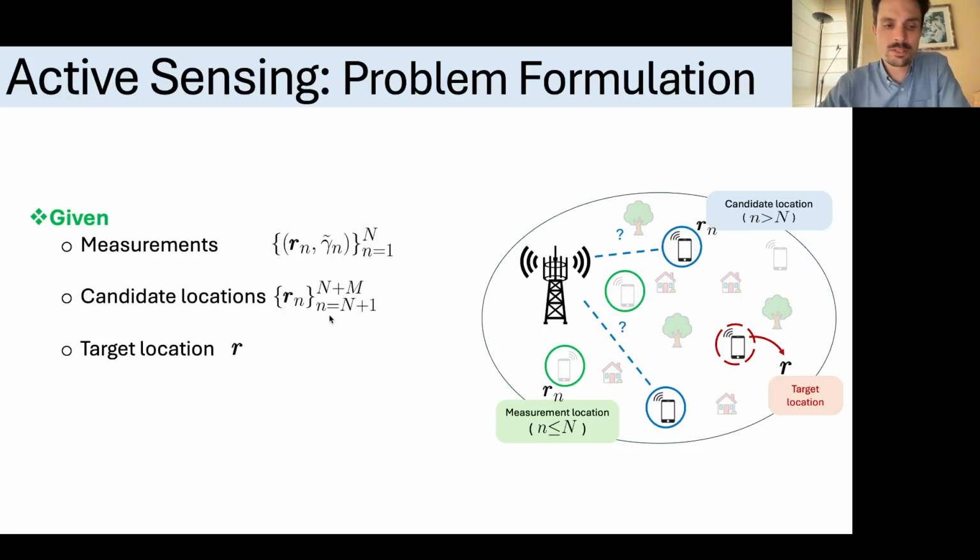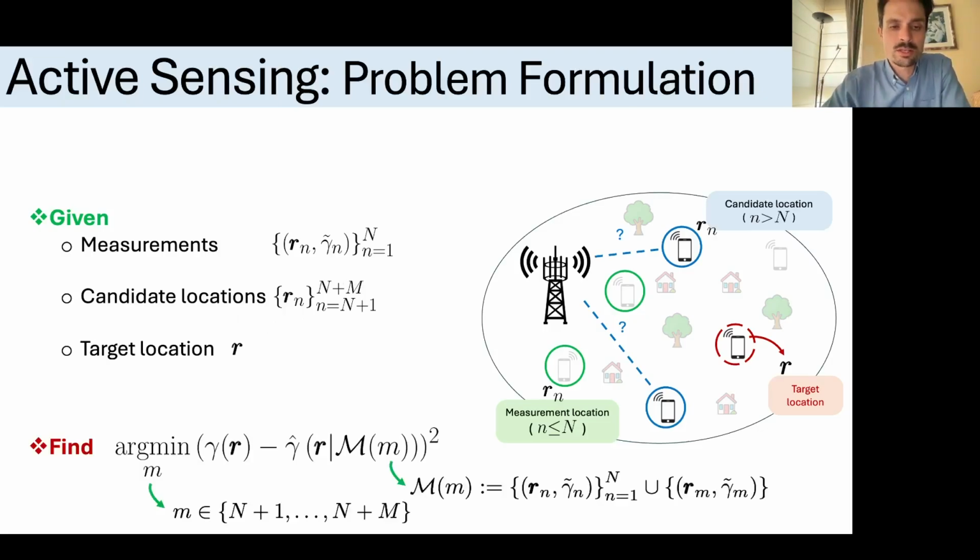The problem is to choose the candidate location such that measuring there is most helpful to estimate the map, right? So it's kind of the most informative location, right? And this is of great importance for network operators in cellular systems.